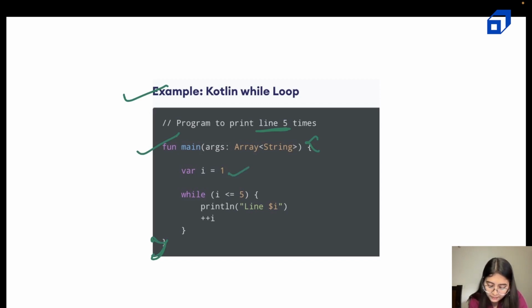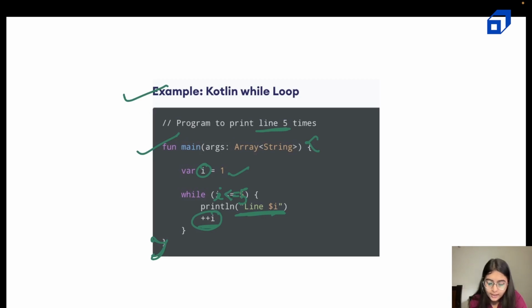We created a variable where i is equal to 1, and then while i, that is this variable, is less than or equal to 5, you have to keep on printing this thing. And every time you are inside the while loop, you are incrementing the value of i as well.